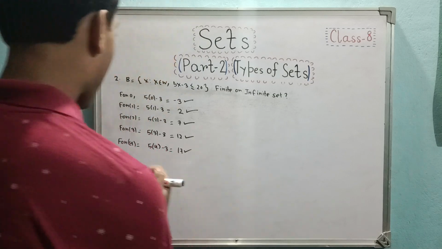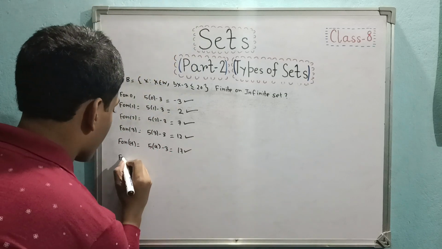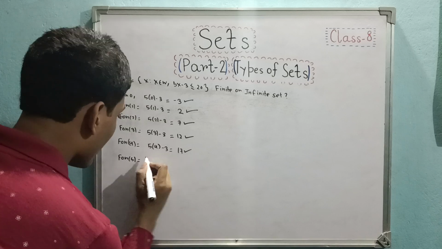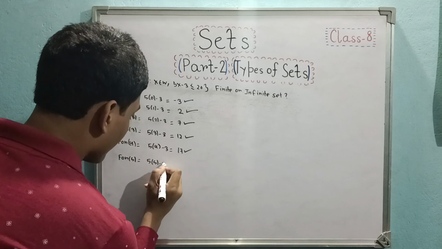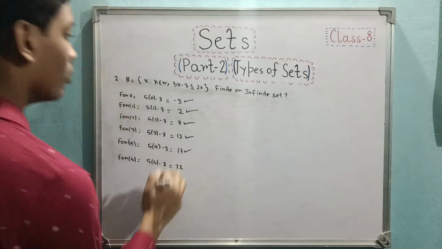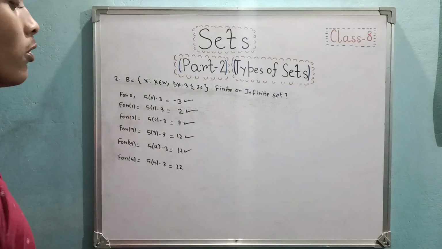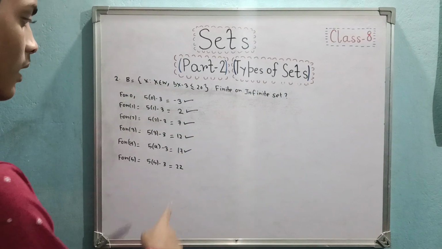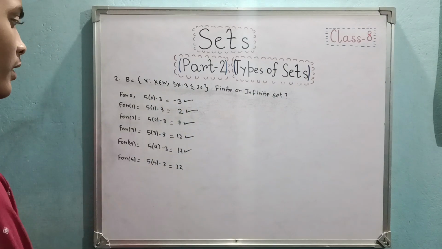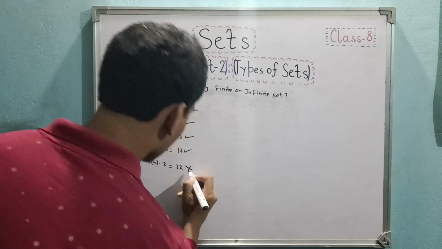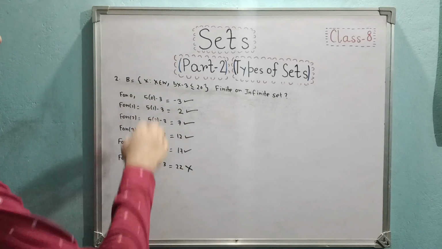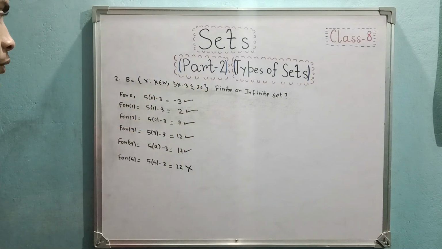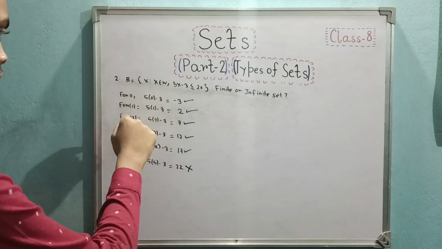But now if I take 5, this is 5 into 5 minus 3 equal to 22. Less than or equal to 20 means the numbers less than 20 and equal to 20. But this is 22, it is greater than 20. Therefore this will not be possible. So what are the values that support this equation for whole numbers? 0, 1, 2, 3, 4.